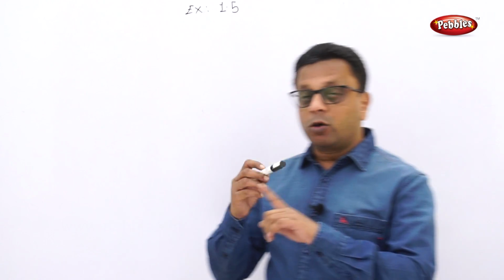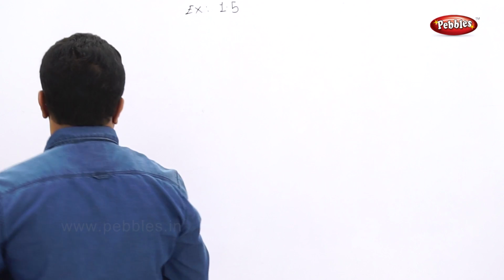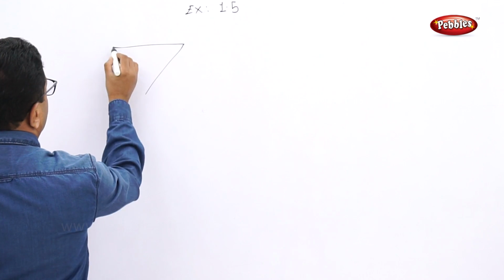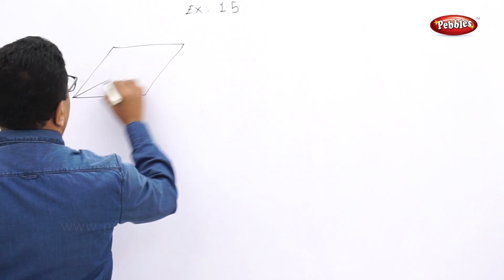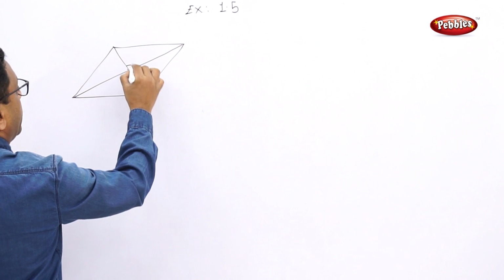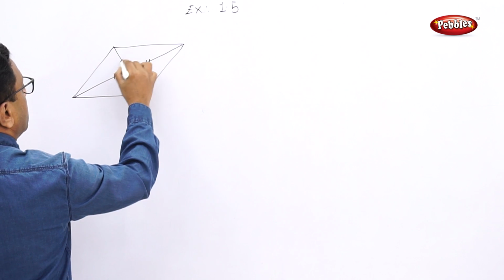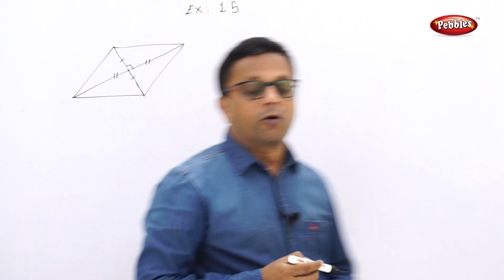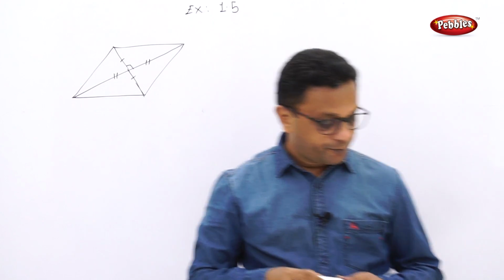Okay, that means if I draw the rhombus, these two diagonals are perpendicular bisectors of each other. This is what the rhombus is.